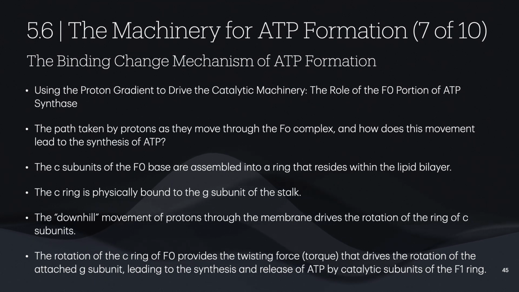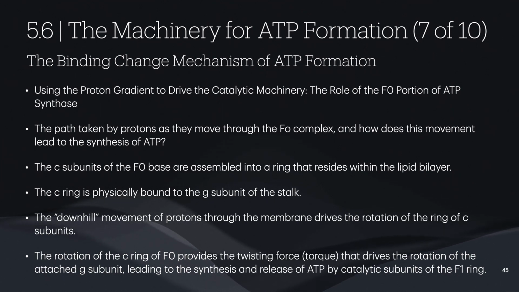Using the proton gradient to drive the catalytic machinery, we can magnify the role of the F0 portion of the ATP synthase. What is the path taken by protons as they move through the F0 complex, and how does this movement lead to the synthesis of ATP? The C subunits of the F0 base are assembled into a ring, which you saw earlier, that resides within the lipid bilayer.